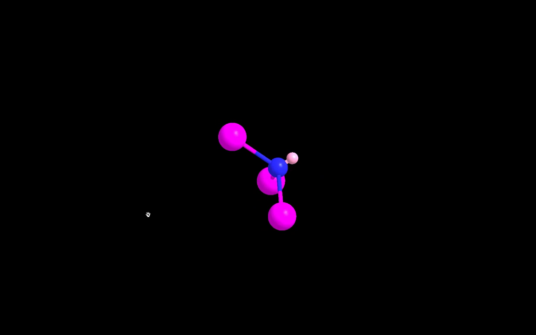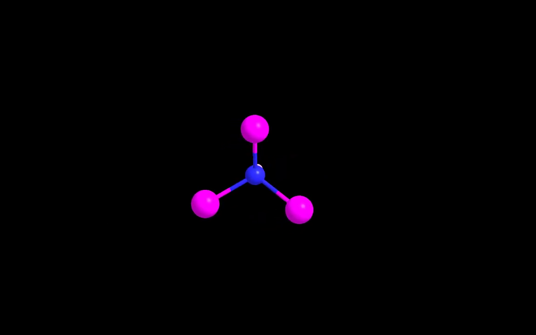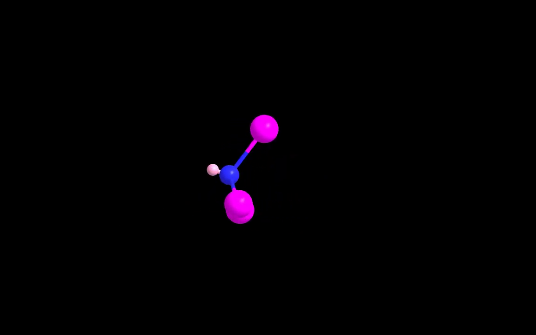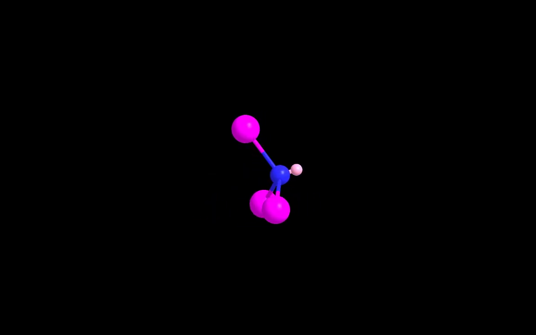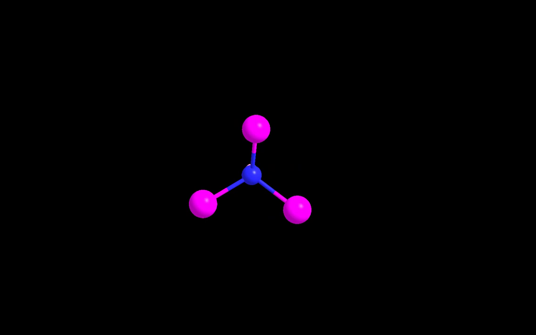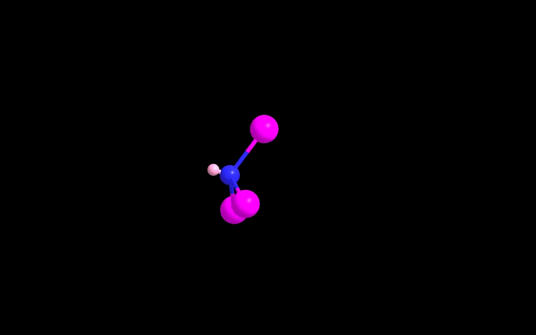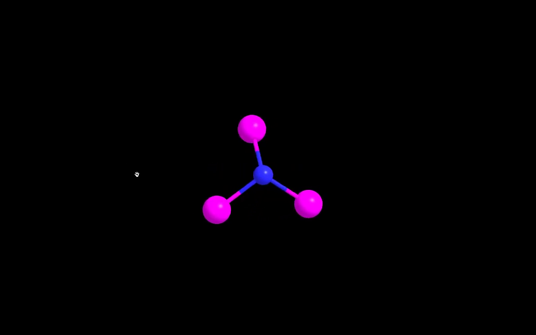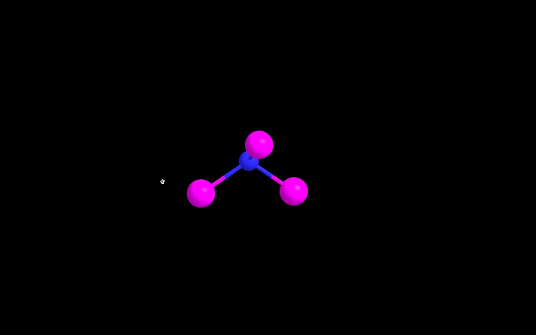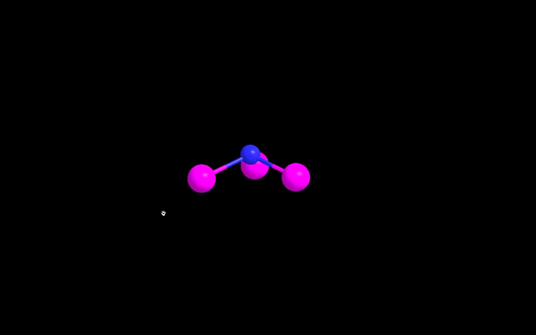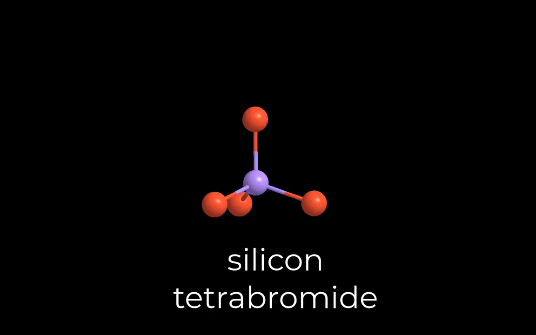And the blue is the nitrogen, and the purple are the iodine atoms. You'll notice I got rid of the lone pair there. So now if we drag it down more, we can clearly see how it's kind of a triangle shape, and it's very pyramidal, much like a pyramid.